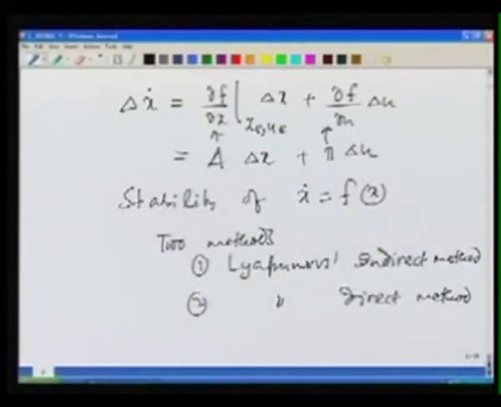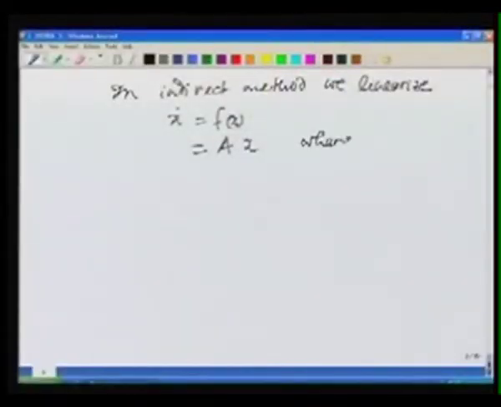This is what we discussed. In the indirect method, we linearize x dot equal to f x as x dot equal to A x, where A is del f by del x.